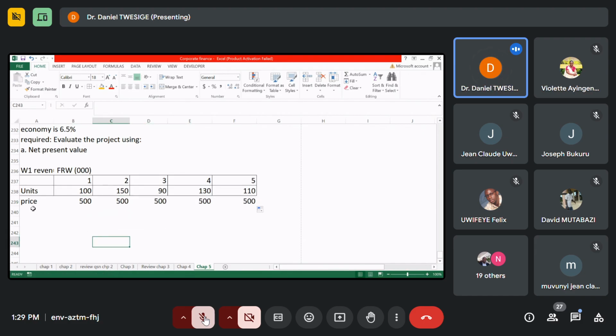Now I add another row about inflation. How do I get my inflation? To get my inflation, it will be equal to.